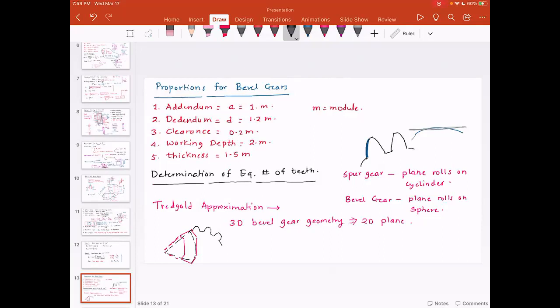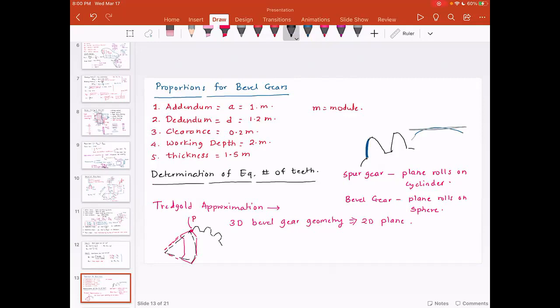If this is the pitch point P, then you have an approximate projected gear. Now, what is the application of this? It is very simple.